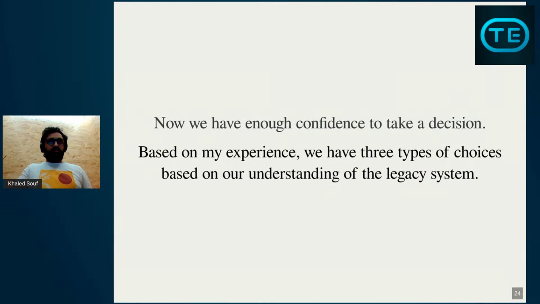So after that, in my opinion, we have enough confidence to start doing some strategic implementation or strategic actions. In most cases, there are always 3 types of choices that we need to make, based on how much confidence we have in our understanding of the legacy system.